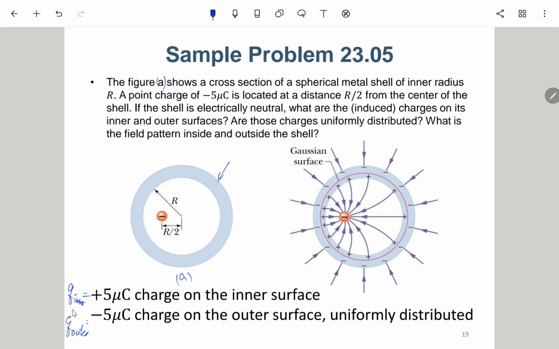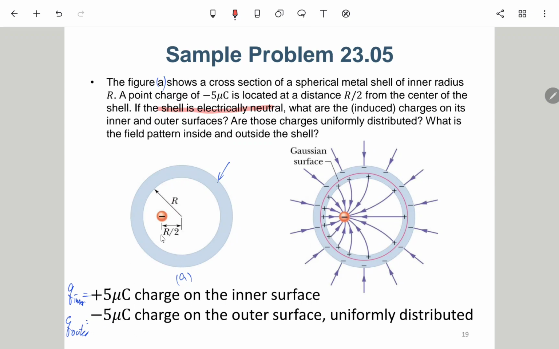Of course, these two values should add up to 0 because originally the shell is electrically neutral, so you cannot create or vanish the charges. So there are induced charges, but the whole metal shell should have a charge adding up to 0.